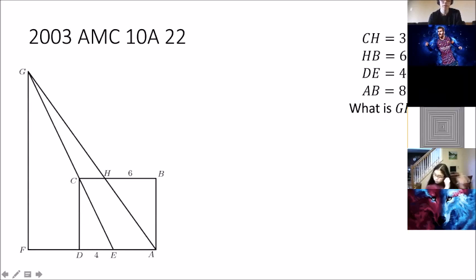In this problem, you're given this rectangle, and you're given points H and E. Point H is given such that HC is 3, so it's a 3:6 ratio, and E splits DA into side lengths like 4 and, you can figure out here as well, what EA is. And the question is to find out GF.